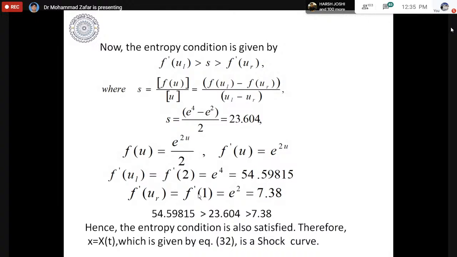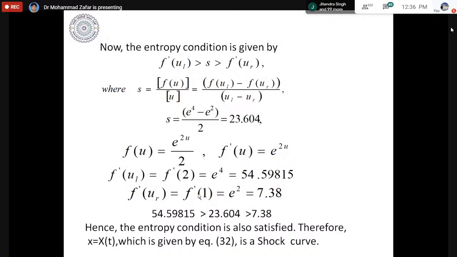We require f'(ul) and f'(ur) in the entropy condition. ul is 2 and ur is 1. So f'(ul) is f'(2), and f'(u) is e^(2u), so putting u equal to 2 gives e⁴, whose numerical value is 54 point something. Now f'(ur) is f'(1) since ur is 1. This gives e², since f'(u) is e^(2u), and the value is 7.32.